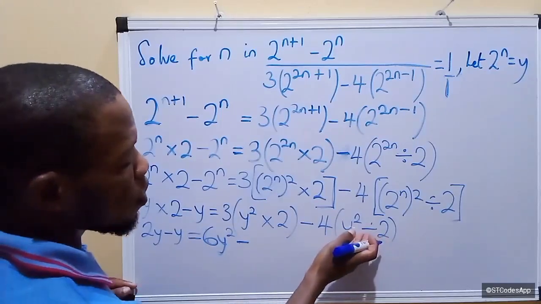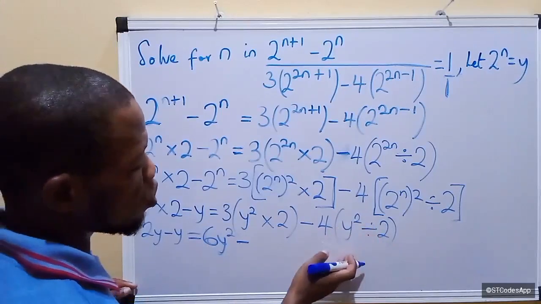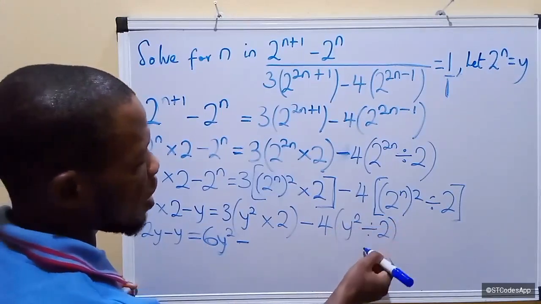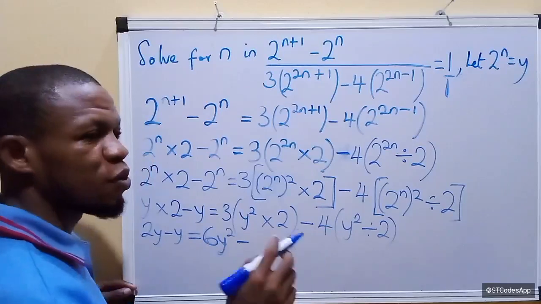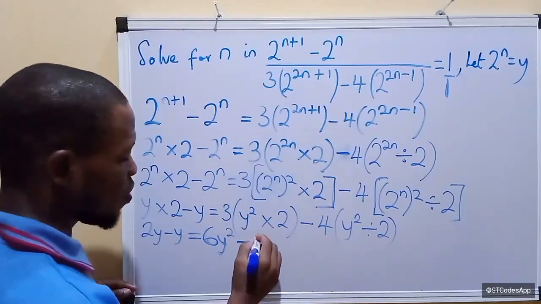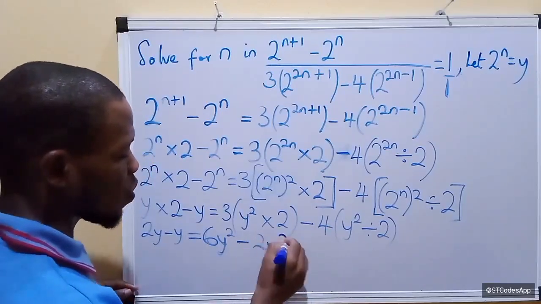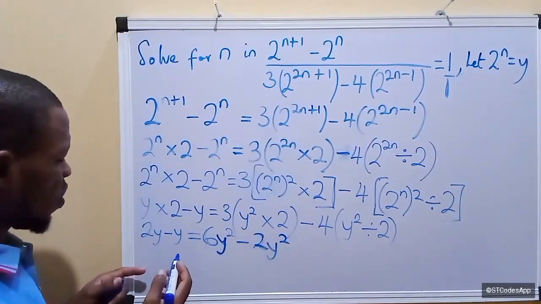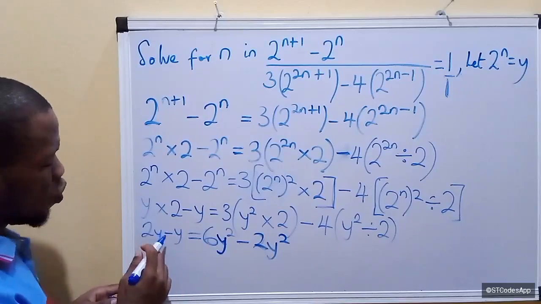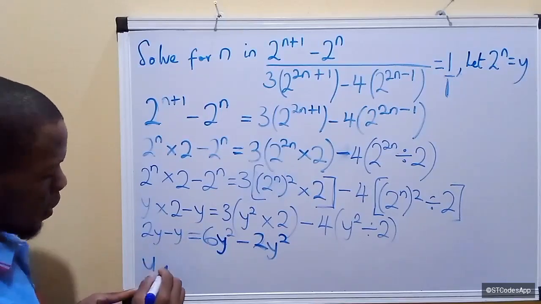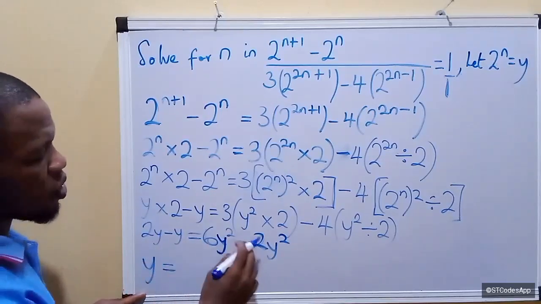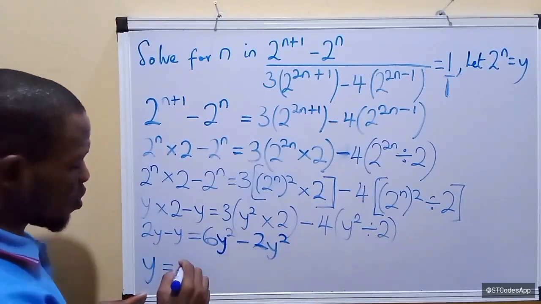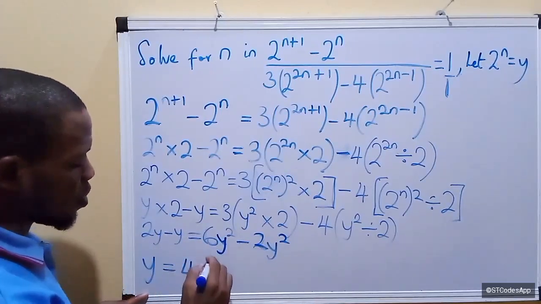now we have, this is y squared all over 2. If the 2 here divides 4, we're going to have 2 left. So this is going to give us 2y squared. Now on the left side of this equation, we're going to have 2y minus y gives us y equal to 6y squared minus 2y squared gives us 4y squared.